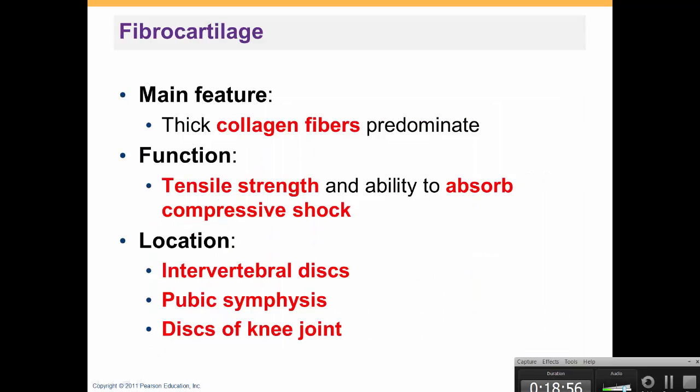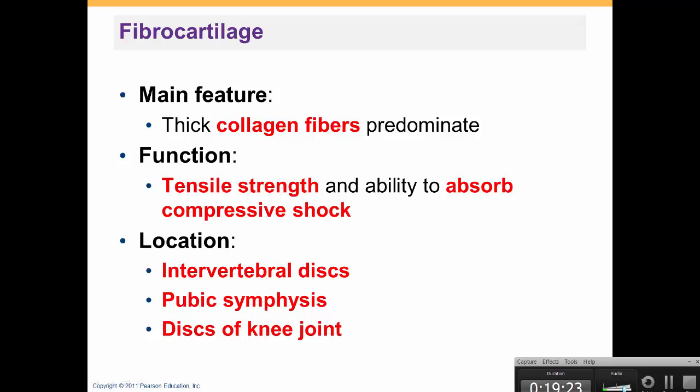The next one is the fibrocartilage, and the fibrocartilage has lots of collagen fibers. Fibro means fibers, and fibro stands for collagen. So fibrocartilage is something between cartilage and dense regular connective tissue.